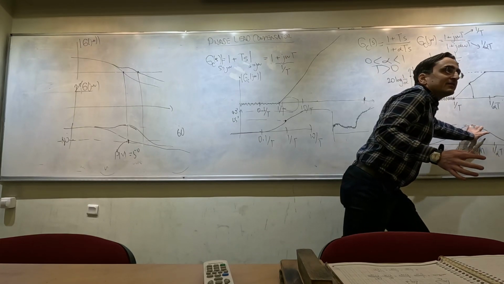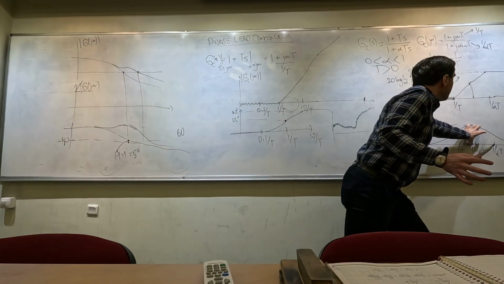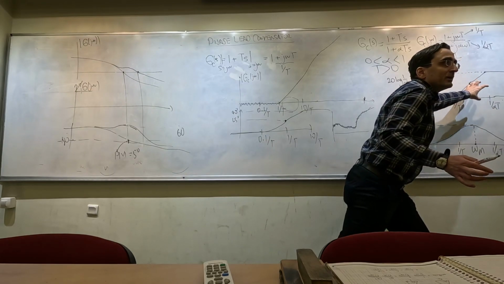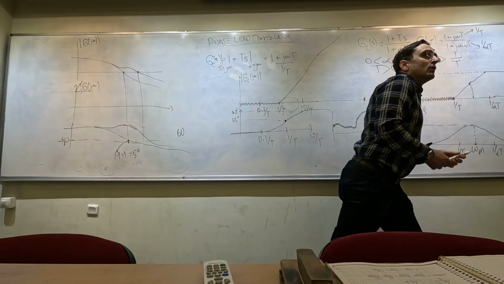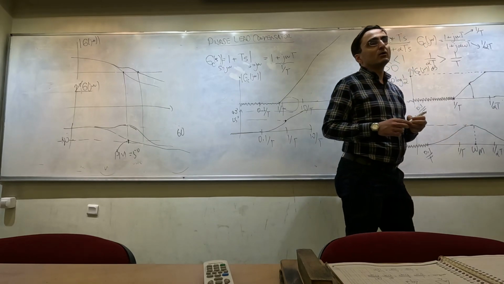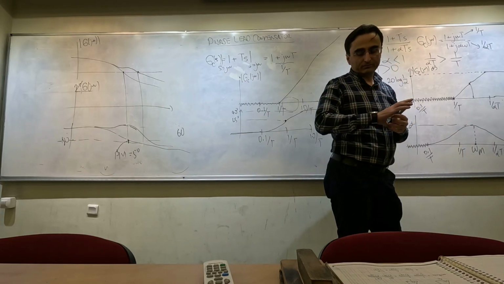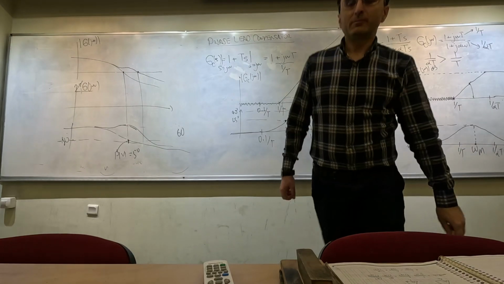So I'm going to add a 60 degree phase to the system, and this magnitude is also going to be added. We are going to try to overcome the side effect of that magnitude addition. That's all for today. Thank you very much.